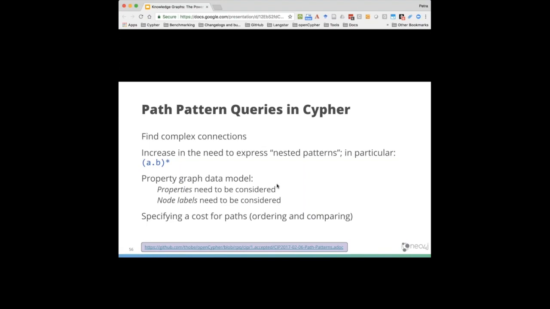Maybe we want to exclude all intermediate nodes that have, say, a dog label or something like that, and also to introspect properties along nodes and relationships along that path. And as a final flourish, we also would be looking at actually being able to specify cost for paths as well. Maybe this would be by the length of the path, or it would be some cost function that the user would express. Much more information actually is available in that link down at the bottom.